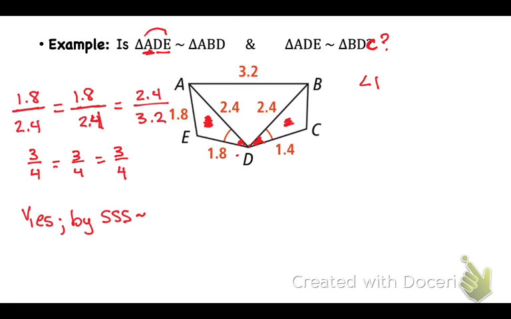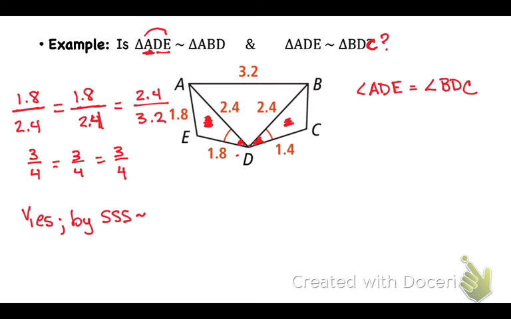So angle, well, actually I should write it the right way. What is it? Angle ADE is equal to angle BDC. So we know that, correct?